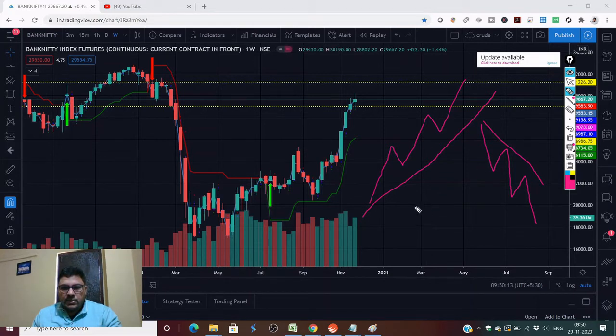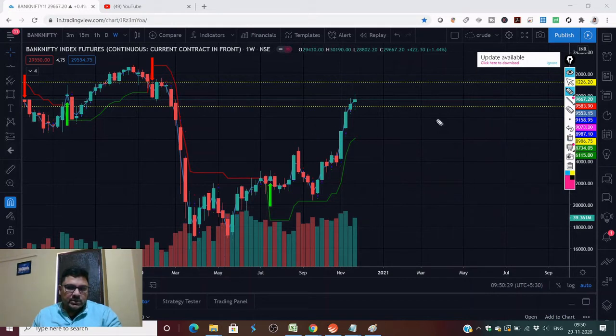Any formation before these two trends will always be a sideways trend. The market will stay in that range and try to go down or go up.